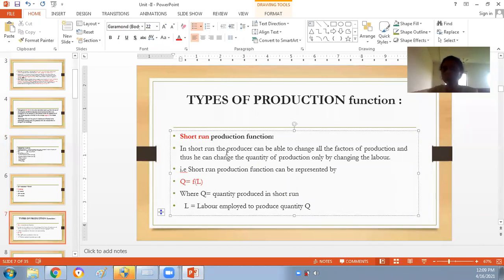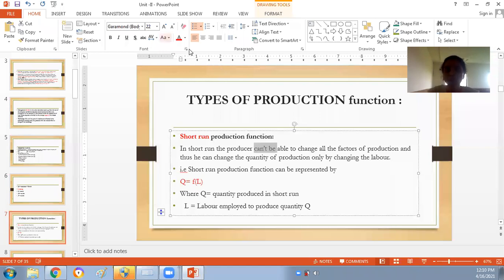In short run, the producer can't change all the production factors, and thus he can change the quantity of production only by changing the labor. In a short period of time, the producer can't be able to change all the factors of production.